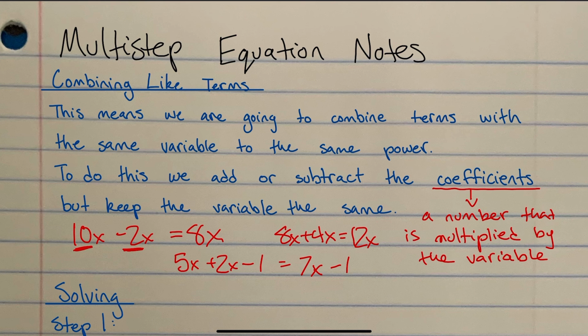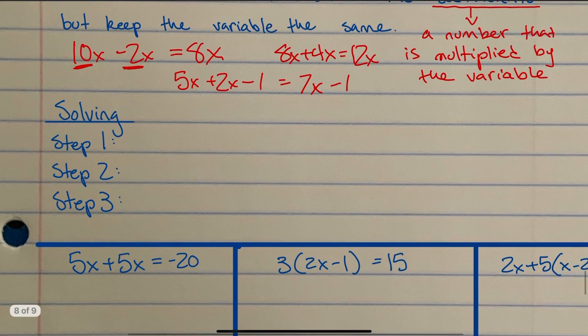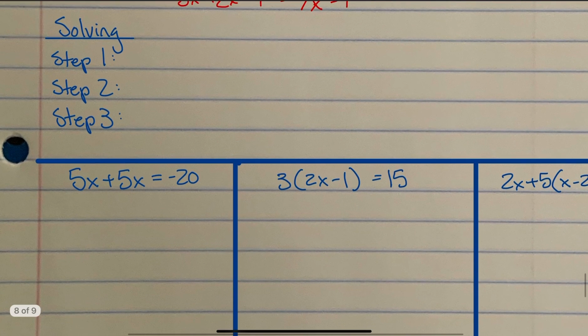All right, so let's move on to solving. Solving is our next subheading here. So I figured the easiest way to do this was in steps. So that's what we have here. 3 steps to solve multi-step equations. All right, the first one is going to be distribute.